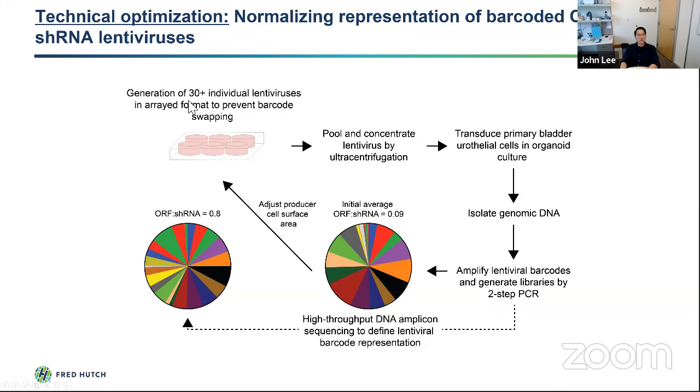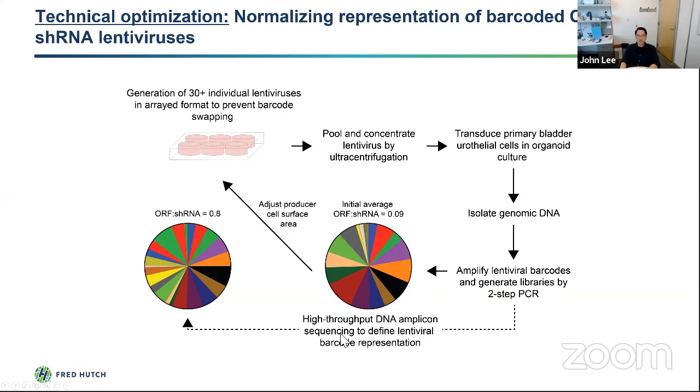So we initially generated these lentiviruses individually in arrayed format, to prevent barcode swapping, which is a fairly well-known phenomenon in this field. We then pooled and concentrated the lentiviruses by ultracentrifugation, transduced the primary bladder urothelial cells in organoid culture, isolated genomic DNA, and then amplified our lentiviral barcodes and generated libraries by two-step PCR.